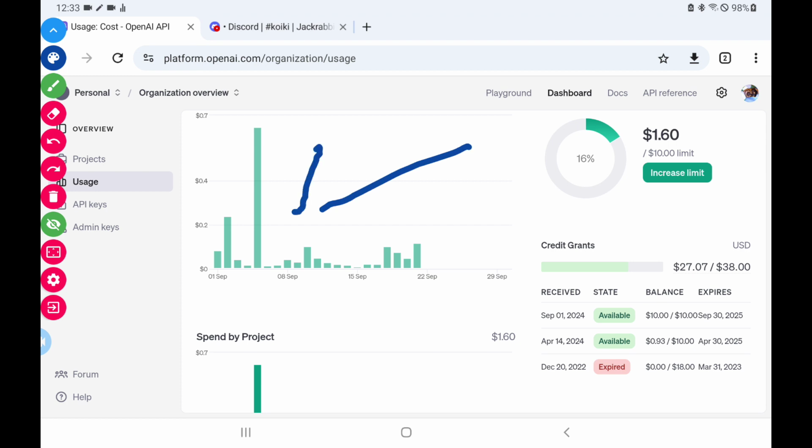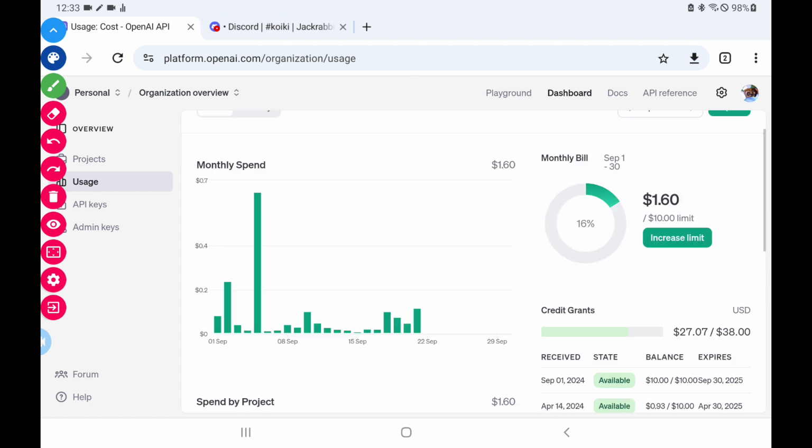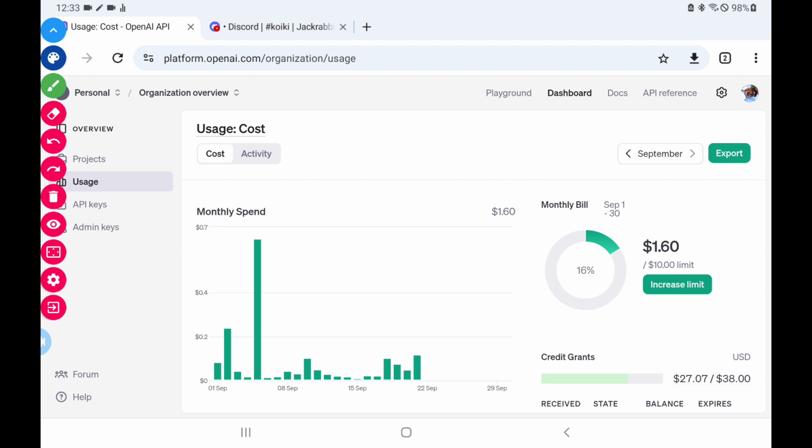this is my actual usage that I have done for just this month alone. That is quite a bit in terms of how much I've used, but how little I've actually spent. For example, my highest right now is less than 7 cents per day.